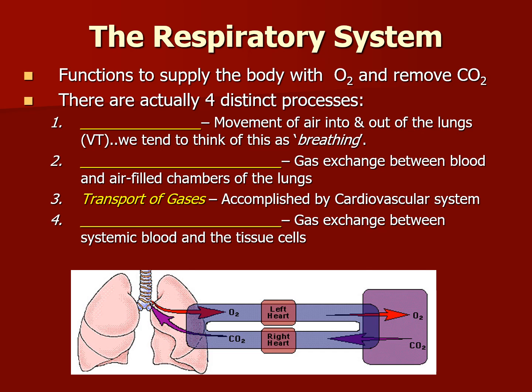But when we're looking at the overall big picture of things, there are 4 distinct processes, right? We need to supply the body with oxygen and remove CO2, but how does it do it? What's the process of this exchange of gas? What's the process of exchanging oxygen for carbon dioxide? And there are actually 4 distinct processes.